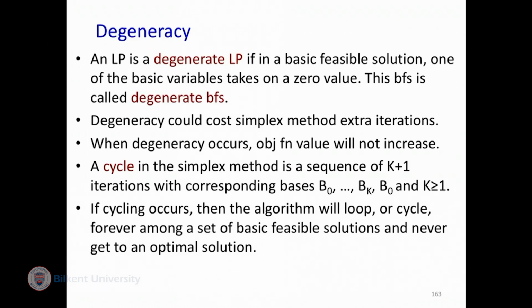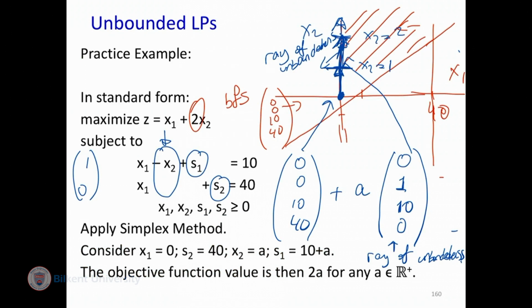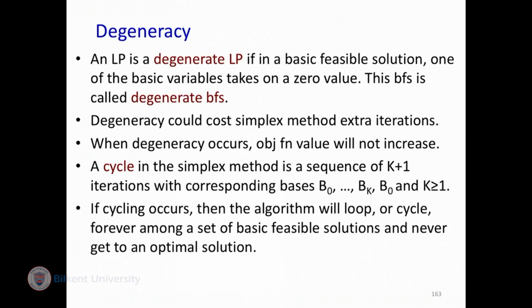So what is degeneracy? When you give me a tableau, I have your right-hand side values. You have your basic variables. If some of the right-hand side values, some of the basic variables have value equal to 0, that means that you have degeneracy.